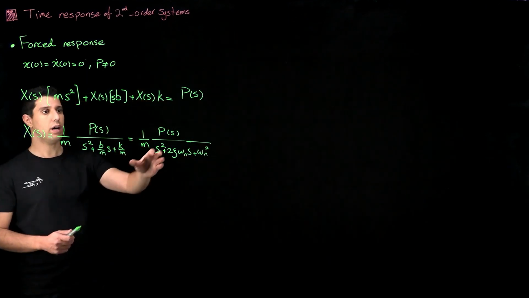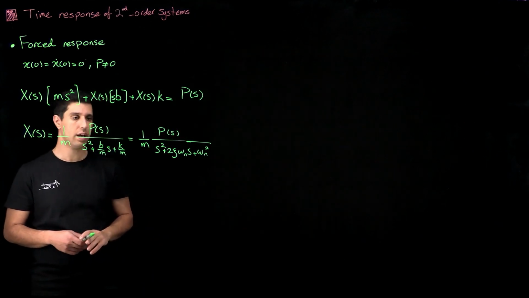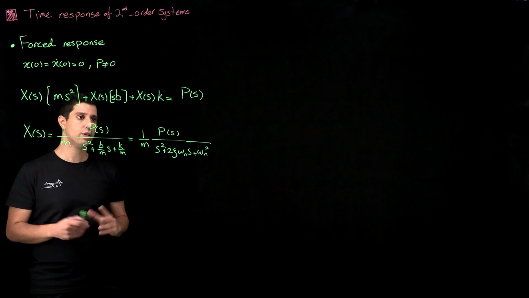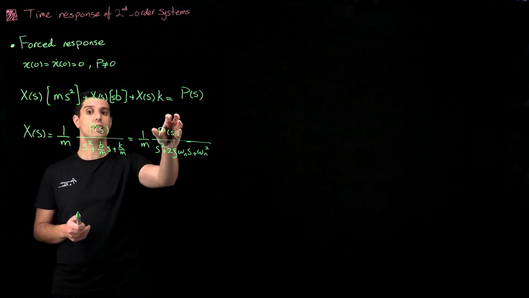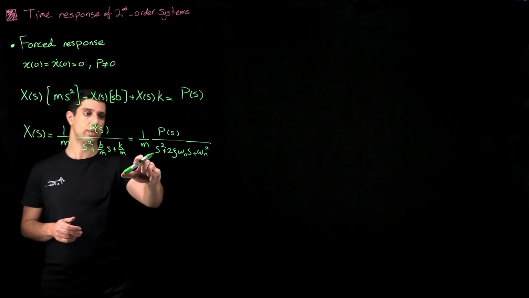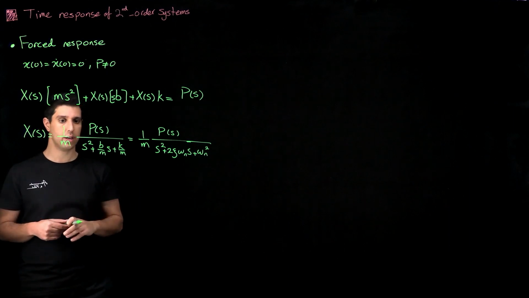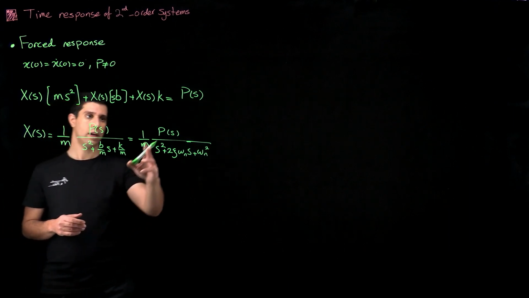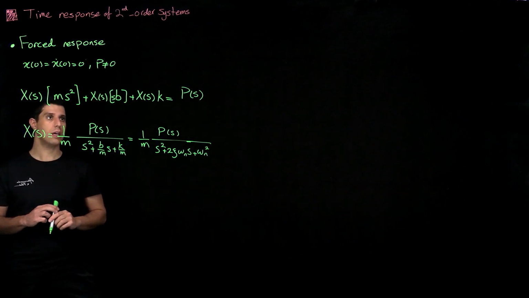So depending on what function this p of s is, it can modify the shape of the response. For instance, it can add its own roots to the denominator, or poles to the system, and change the modes of behavior. So the response will depend obviously on what input p we have.